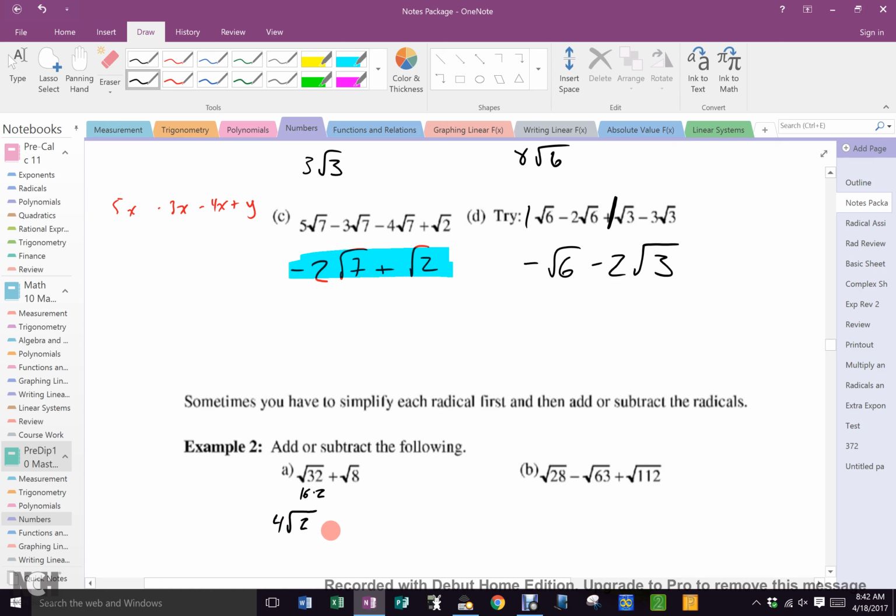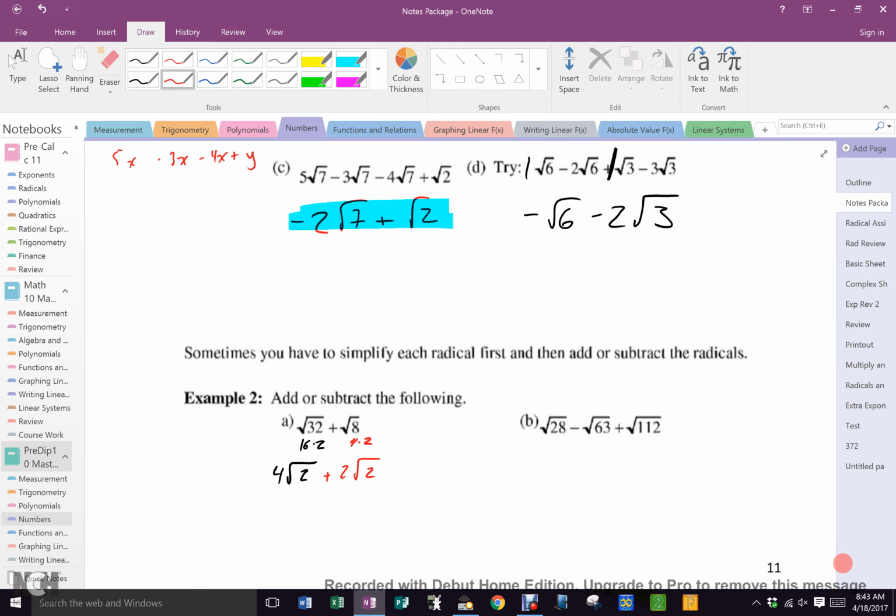Nicely done, grade 10s. What's 8? Well, I would say 4 times 2. Why? Because then I can take out the 2. So what's coming out? 2. And what stayed under there? 2. Giving me what? 6 root 2.